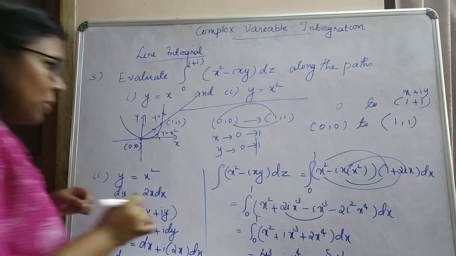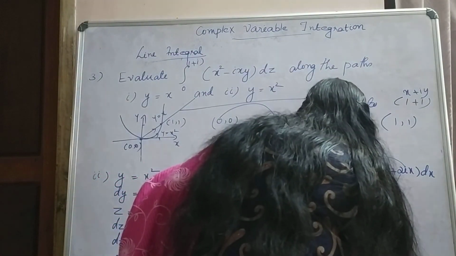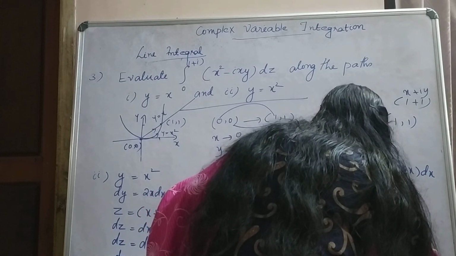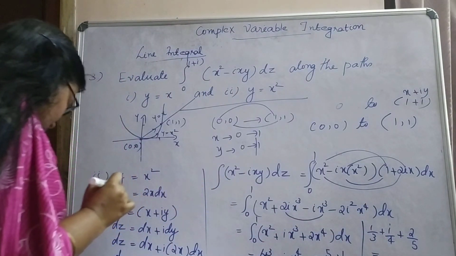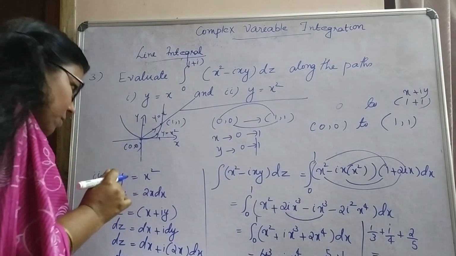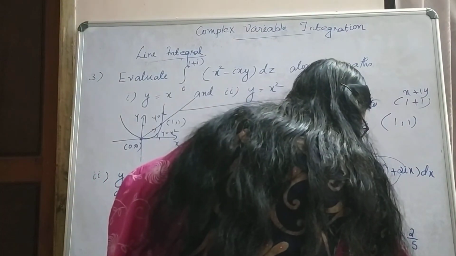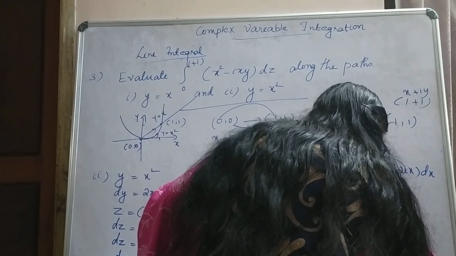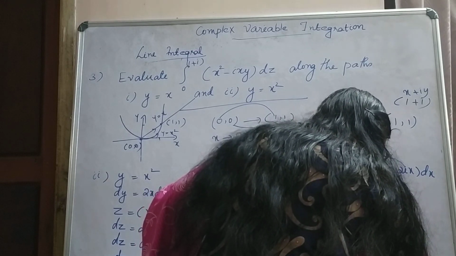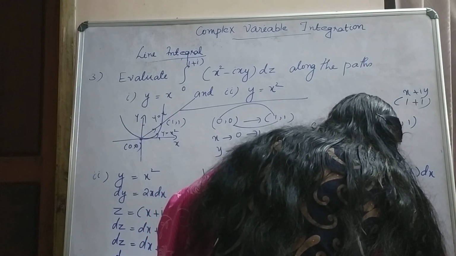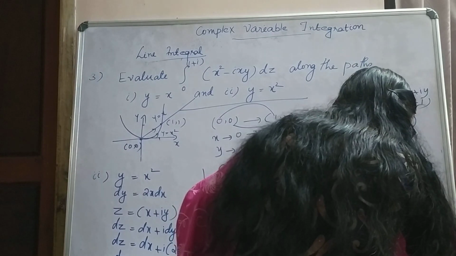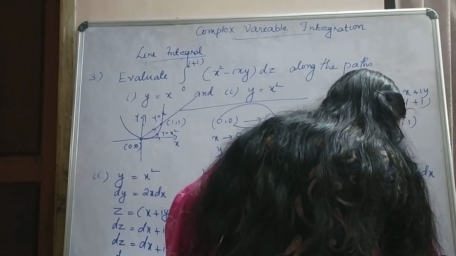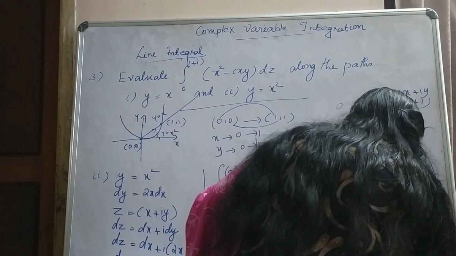Applying the limit very carefully, we get 1 by 3 plus i by 4 plus 2 by 5, which is equal to, by adding, 5 plus 6, 11 by 15 plus i by 4, with denominator 15 into 4, that is 60. 11 into 4 is 44, plus 15i.